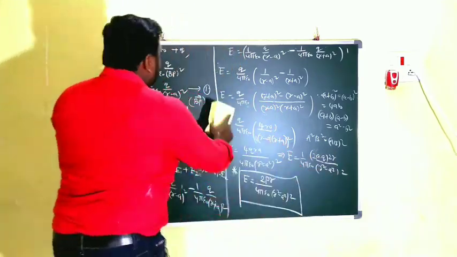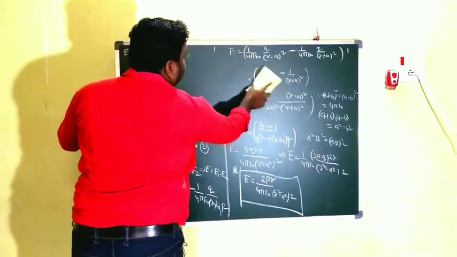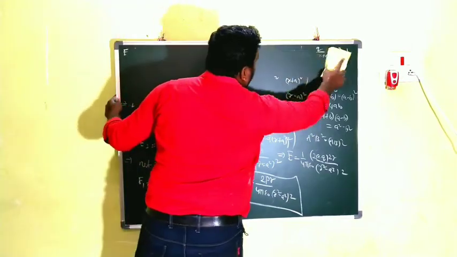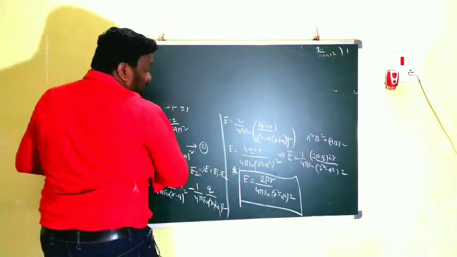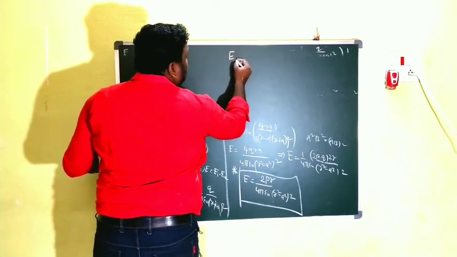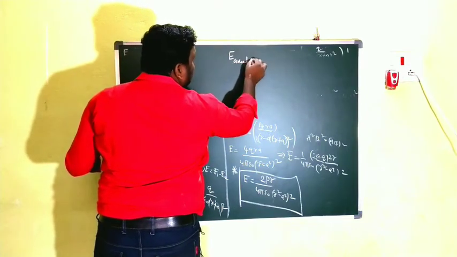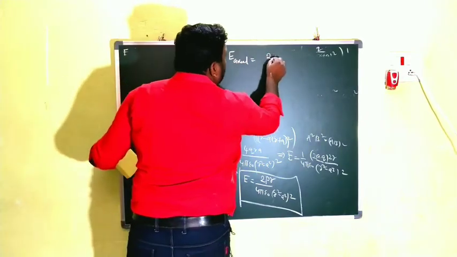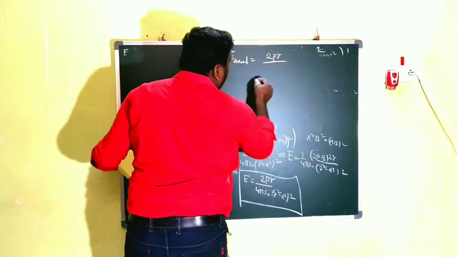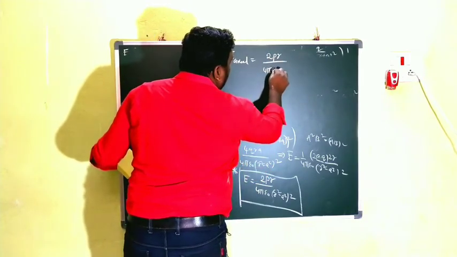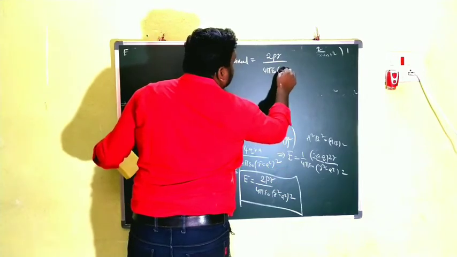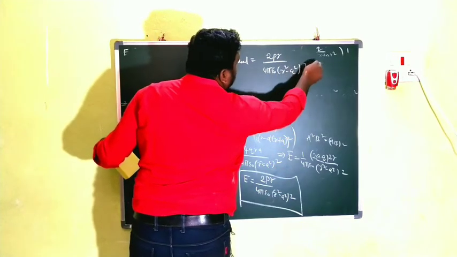So in this case, we have some conditions. What is the equation now? Here we got E axial is equal to 2pr by 4 pi epsilon naught (r square minus a square) whole square.